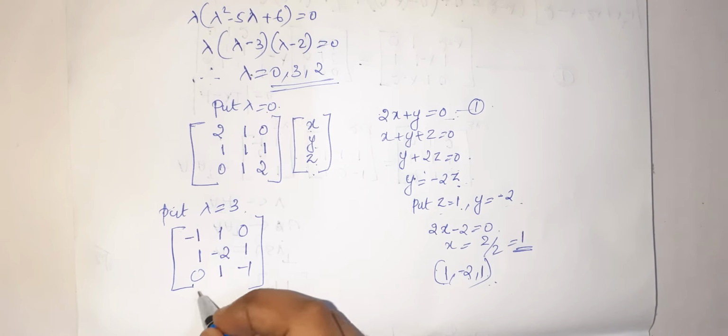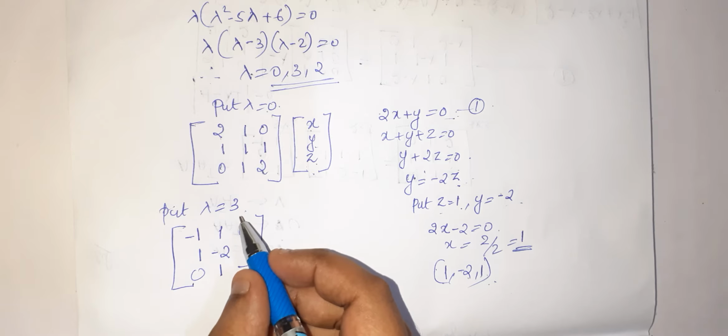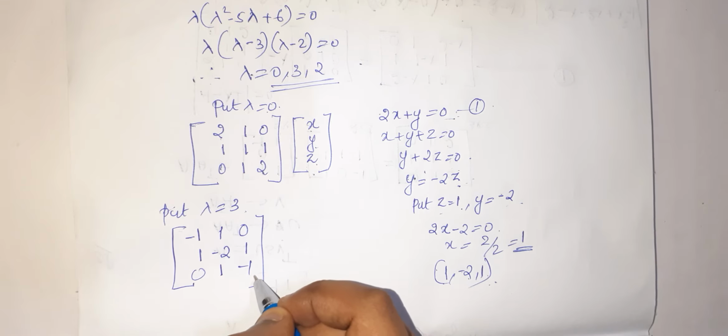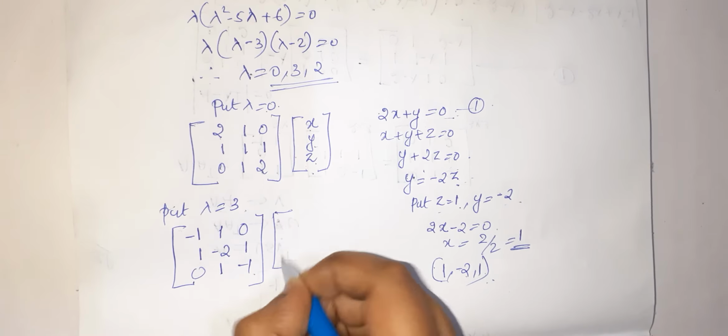This will be our resultant matrix when we put the value of lambda as 3. Similarly find the equations.